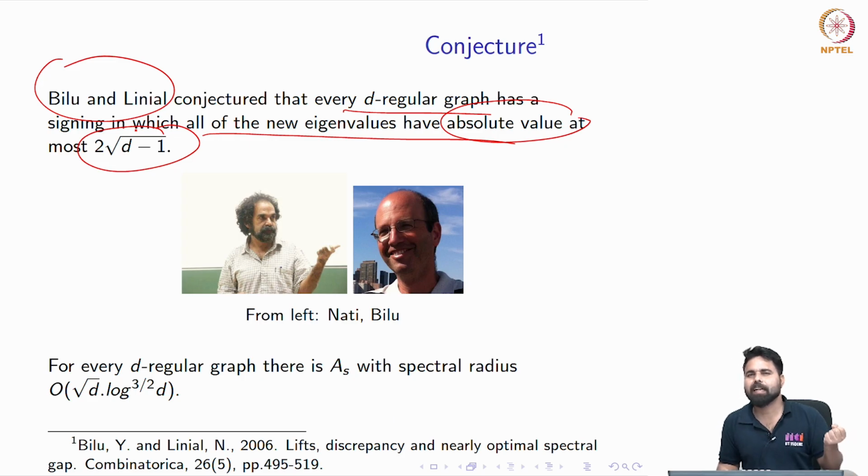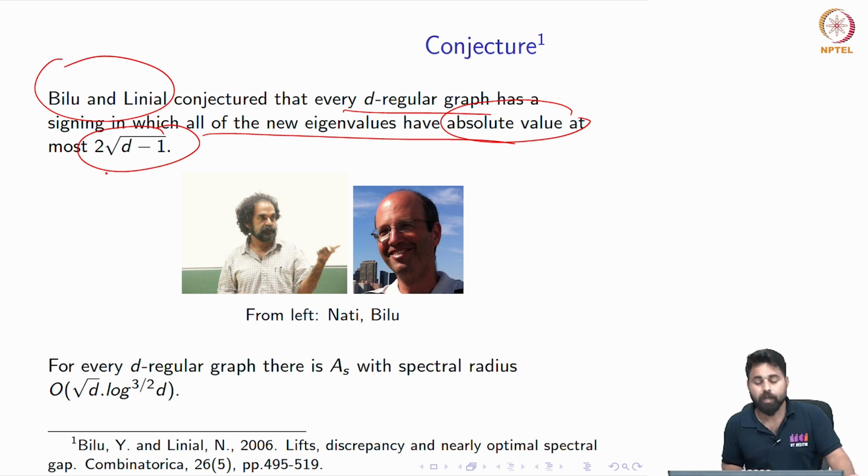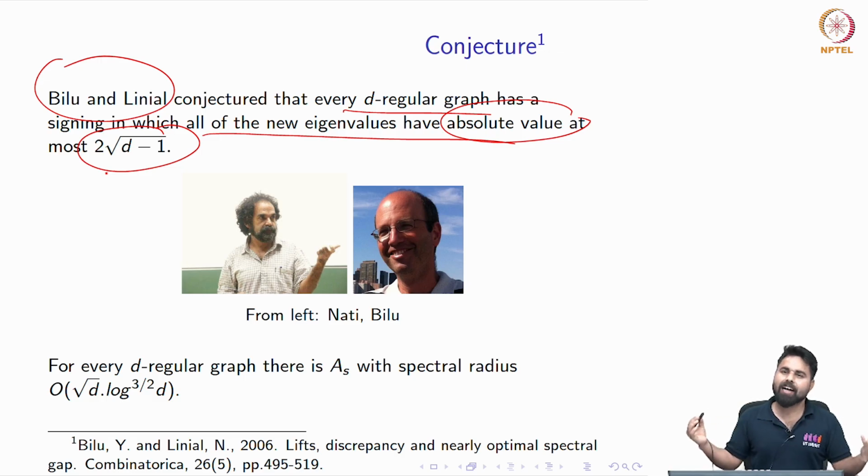Remember, we have seen that Ramanujan graphs, the best possible expanders, have the second largest eigenvalue in absolute value always satisfying this: it is less than or equal to 2 times the square root of d minus 1. Suppose you start with a Ramanujan graph or a very good expander.